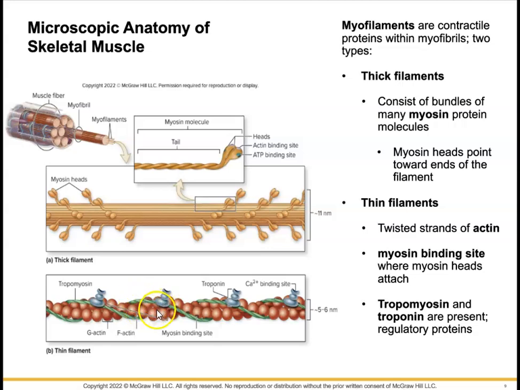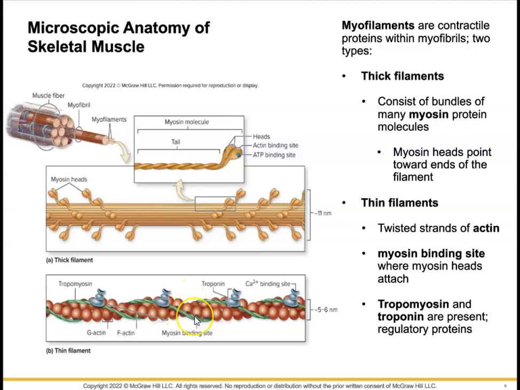Now, to me, I think of it like a pearl necklace that's been twisted, and it creates that twisted helix with two strings of pearls. Now, in addition to those, the little red pearls would be your actin. See the little black spots right there?